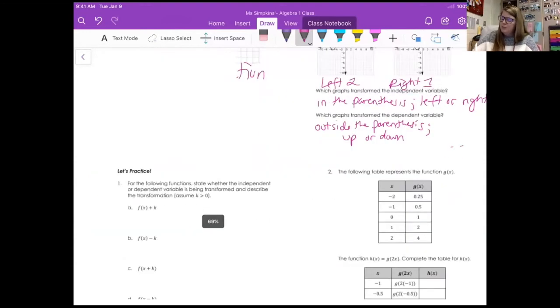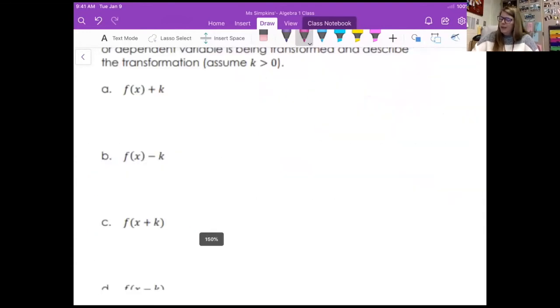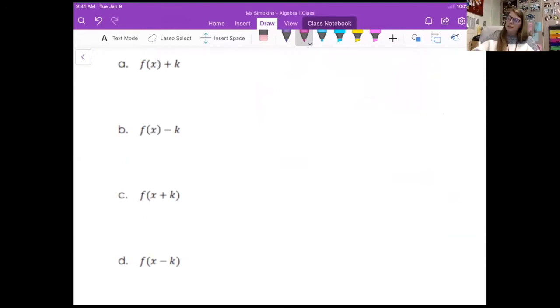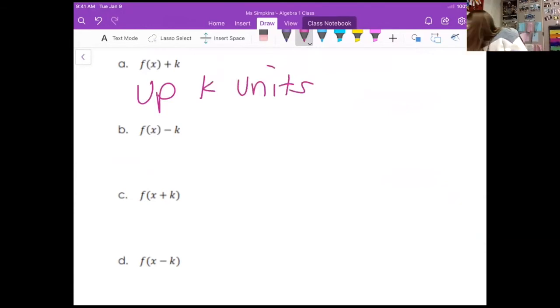Okay, so let's make some general rules. If we add something outside the parentheses, we're going to move up. And for this case, it is up by K units. K obviously would be some sort of number. In this case, we're just going to use K. So if we subtract something outside the parentheses, that would move it down K units.